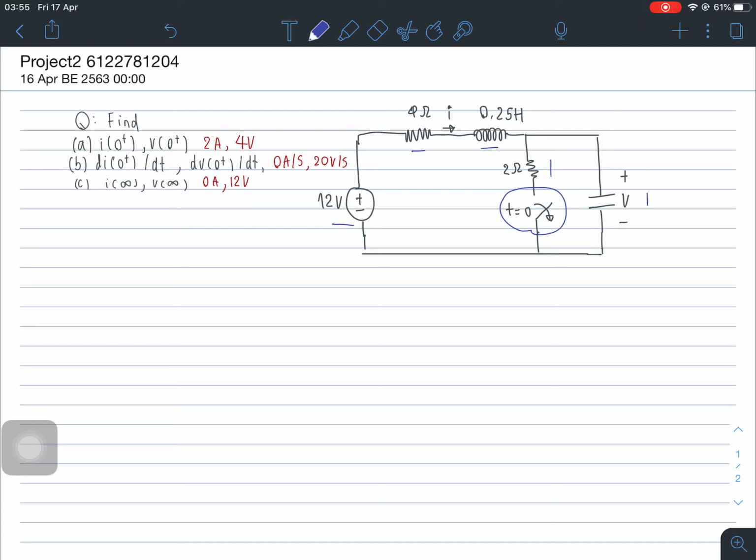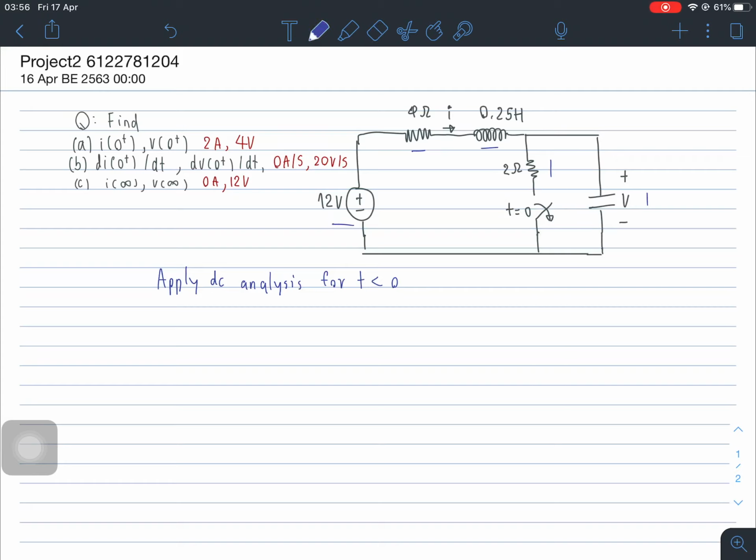In solution A, we need to apply DC analysis first for t less than 0. When we apply DC analysis for t less than 0, the inductor should be a short circuit, and the capacitor should be an open circuit.